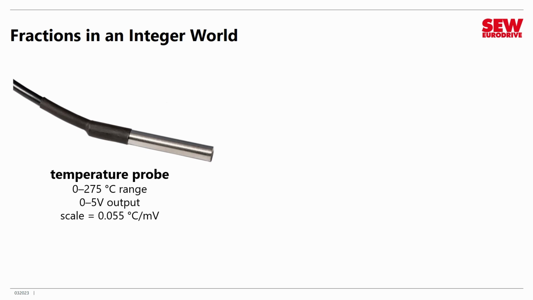So if you do the math, for every millivolt the probe puts out, that represents 0.055 degrees C. Why did I say millivolts instead of volts? Well, it's really simple. The Movi Drive B reports millivolts when you connect something up to one of its analog inputs. So it's better to work with those.